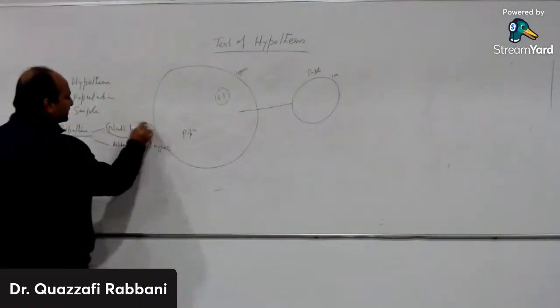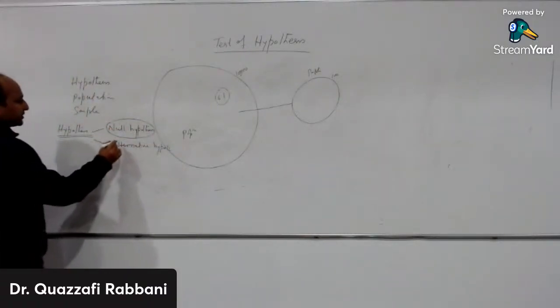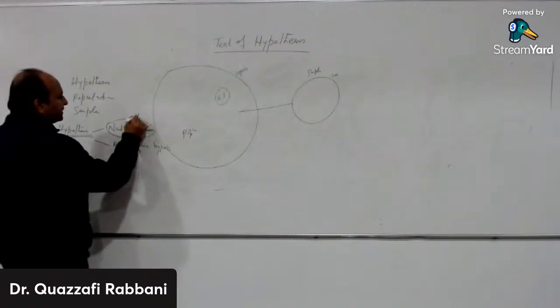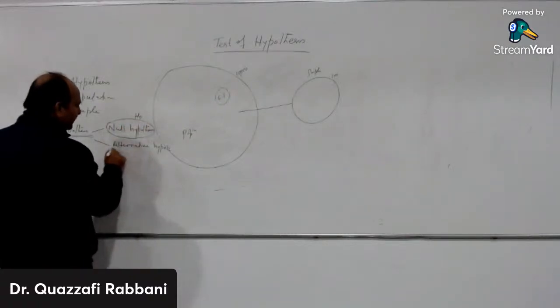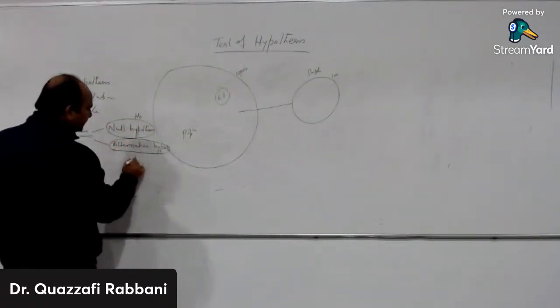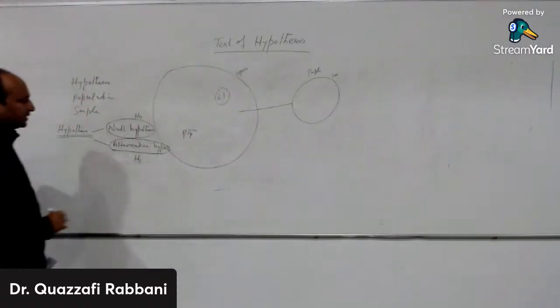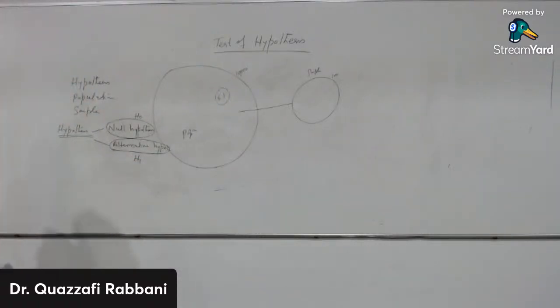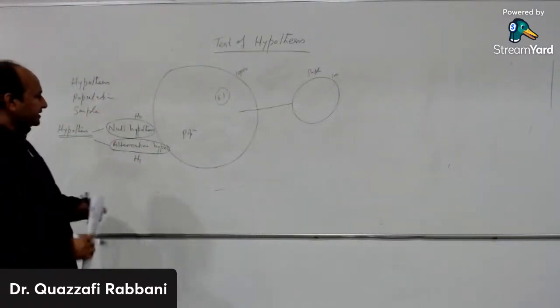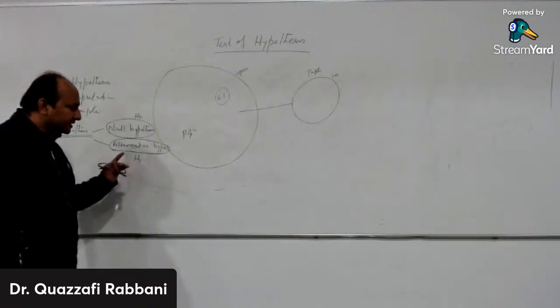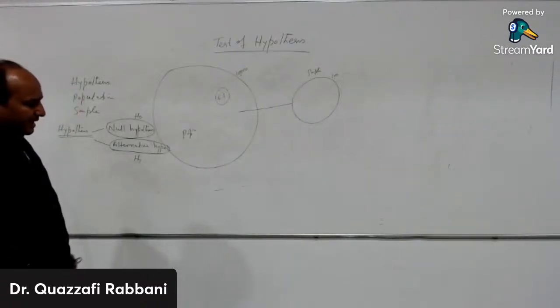The null hypothesis is denoted by H naught, and the alternative hypothesis is denoted by H1. Null hypothesis means no difference, and if there is a difference, this is the alternative hypothesis.